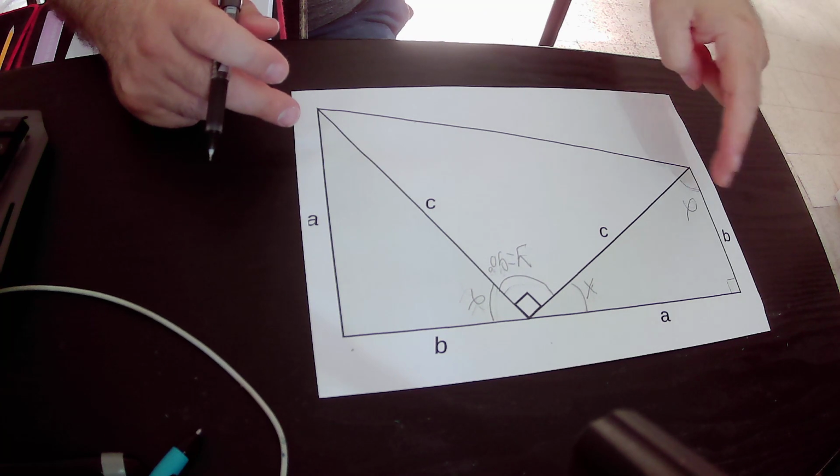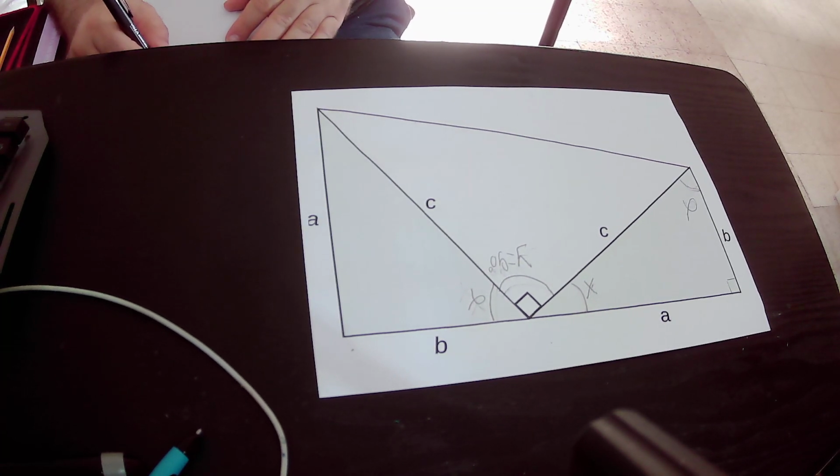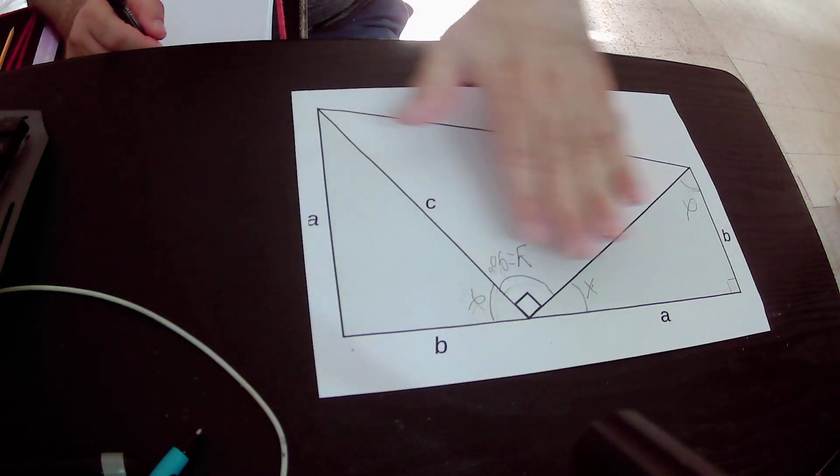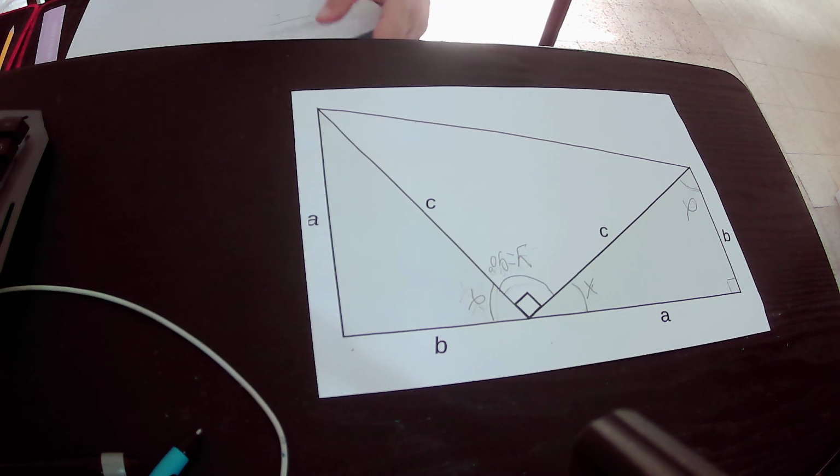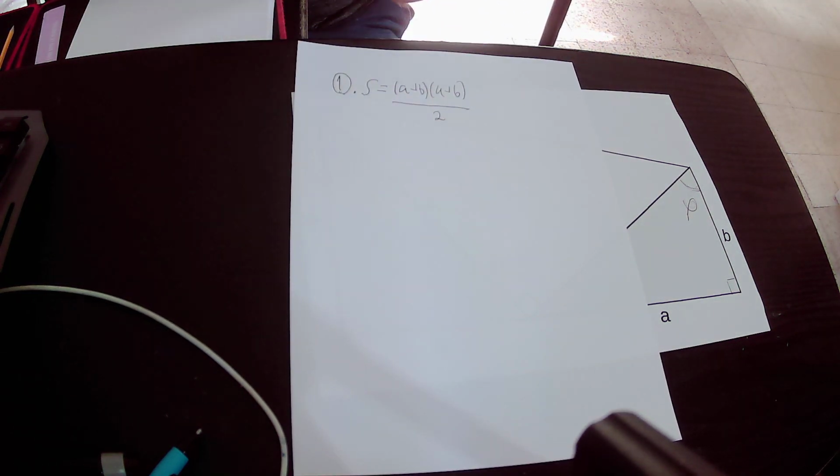A is parallel to B, so the sum is A plus B, times the height of this trapeze that is also A plus B, and all is divided by 2. So the first way to calculate the area of the trapeze is the sum of its parallel sides, A plus B, times the height of the trapeze, also A plus B, all divided by 2.